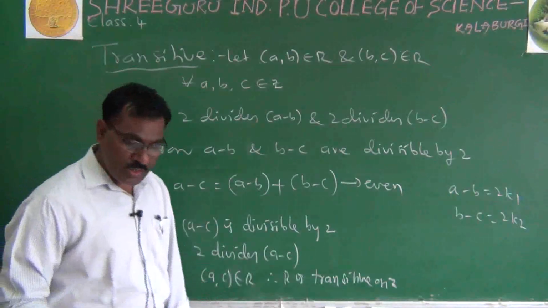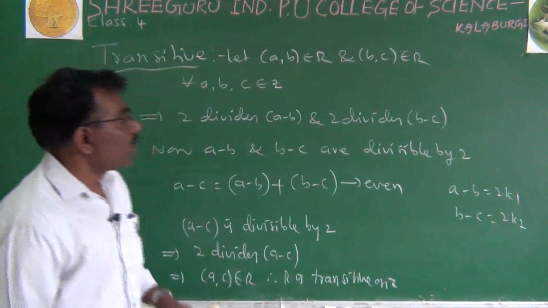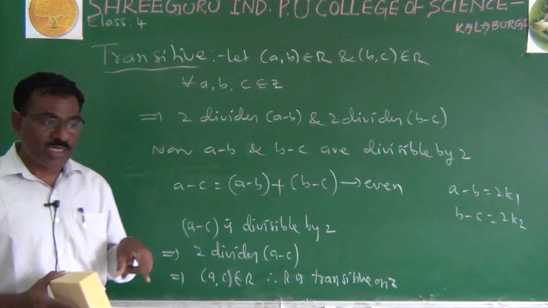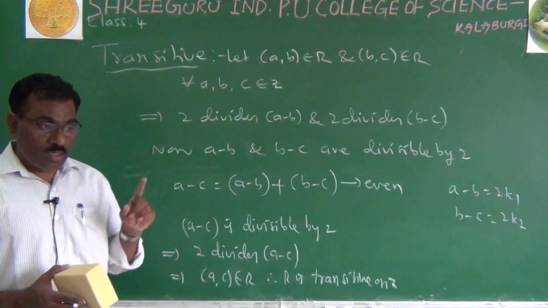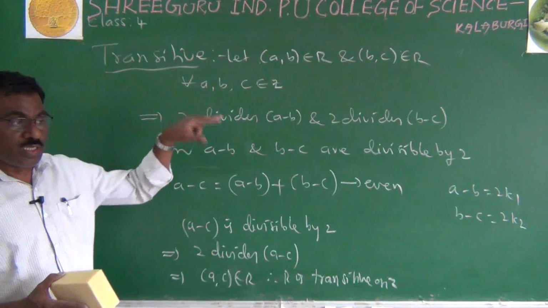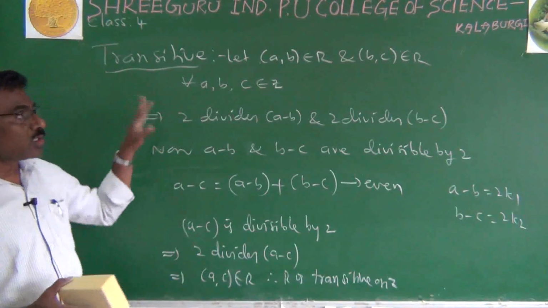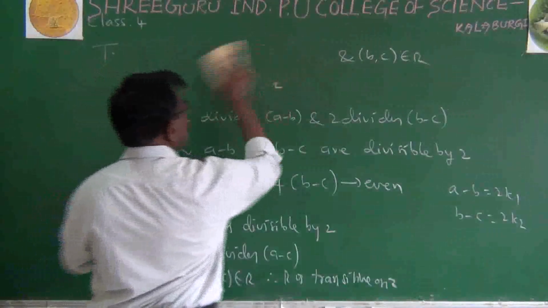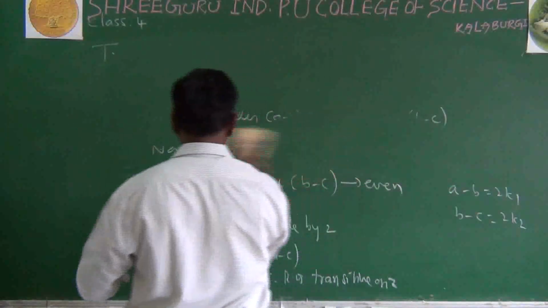R is transitive, hence the relation R is an equivalence relation. What is the statement? The relation R, (a, b) such that 2 divides a minus b, is always an equivalence relation. The very important part is transitive only.